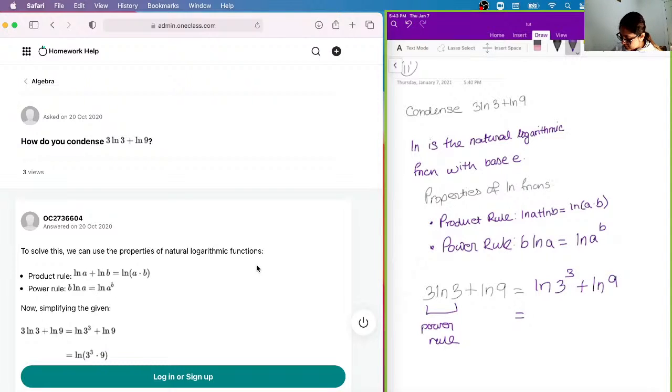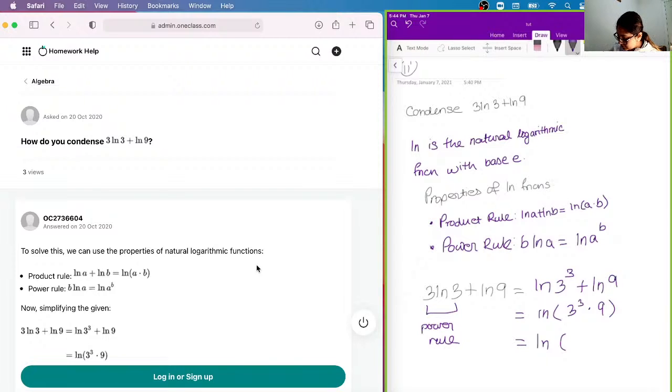Okay, and we would further simplify this. Since this looks like ln A plus ln B, the product rule, we can now say that ln 3 to the power 3 times 9. So 3 to the power of 3 is not 9, it's 27.